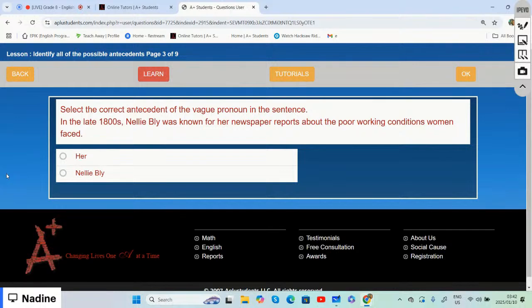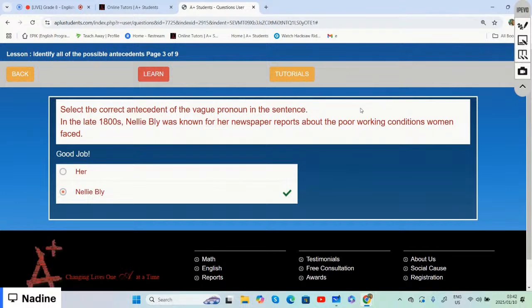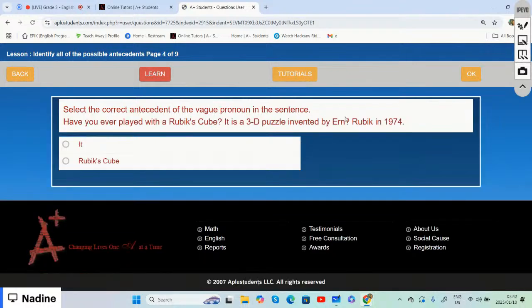And if we were to choose the antecedent, Nellie Bly is our antecedent. Remember, the antecedent is the noun or the noun phrase that the pronoun refers to.